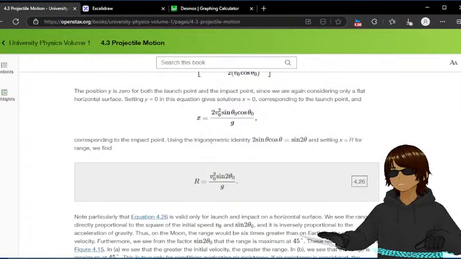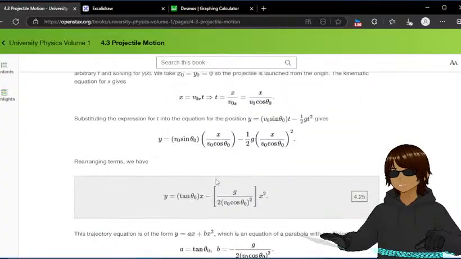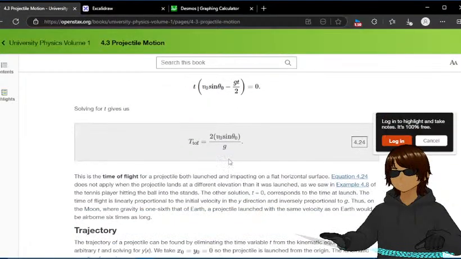Corresponding to the impact point, using the trigonometric identity 2 sine cos is equal to sine 2 theta, and setting x equal to R for range, we find, okay, 2 sine cos they changed to sine 2 theta. So u squared sine 2 theta over g is the range. This one is useful and simple. This one could be useful.